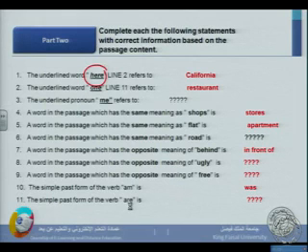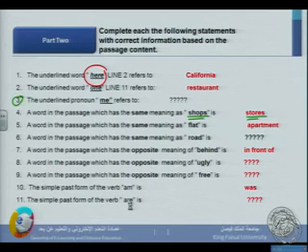Okay, I will leave this one for you. You answer it. And number 4, a word in the passage which has the same meaning as shops. Stores, the same thing.